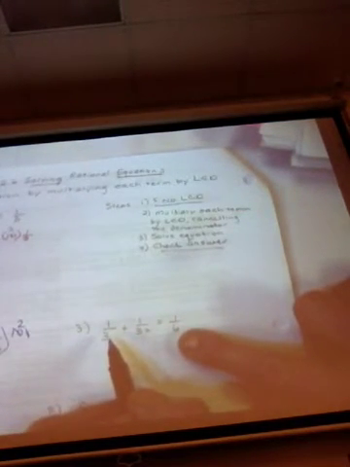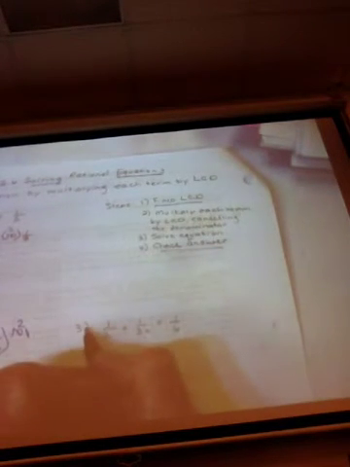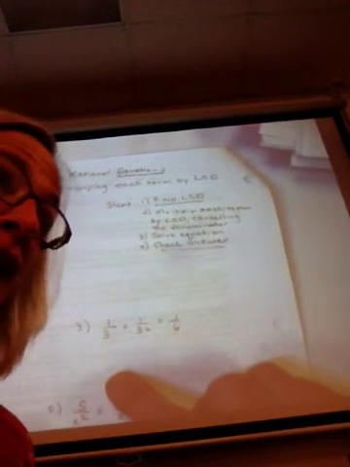Okay, so let's go through it. On this one, what would I multiply both sides by? 6, and what? 6x.